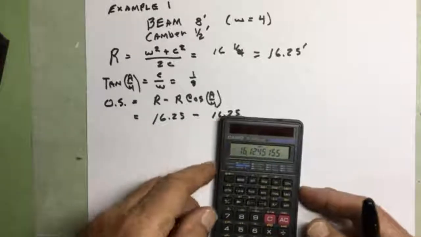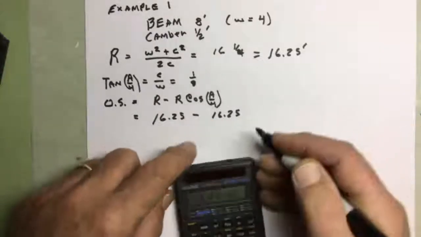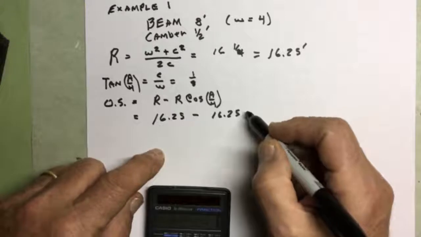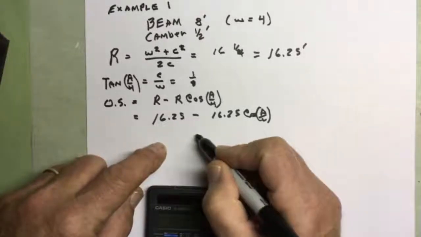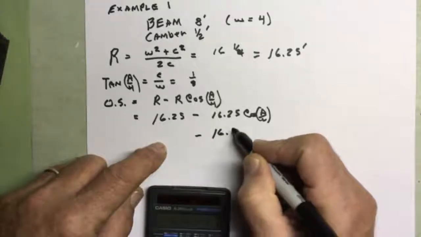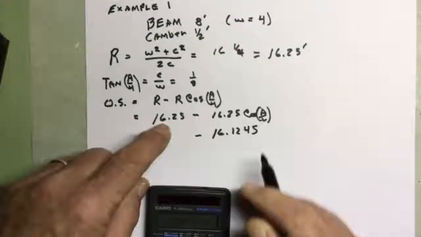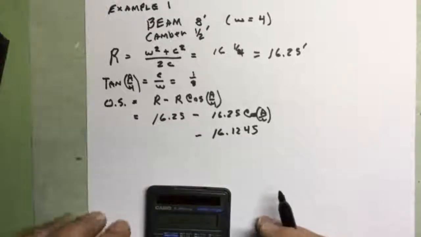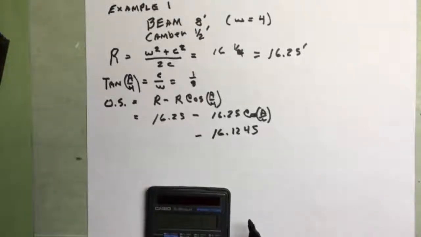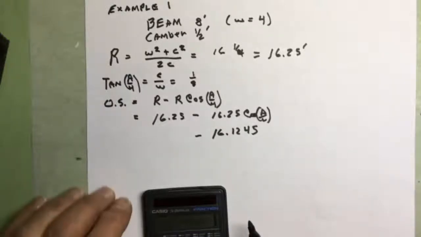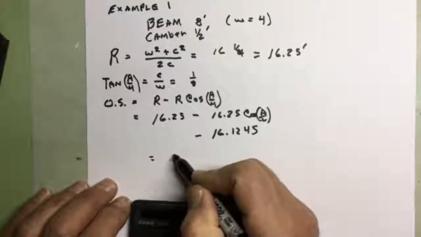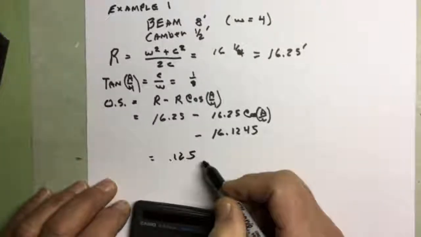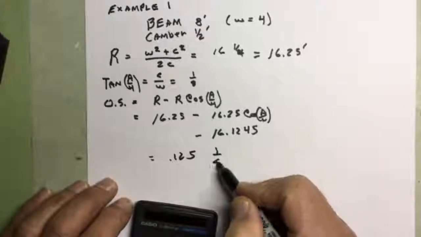That comes out to be 16.1245. And we can subtract that from 16.25. And that comes out to be 0.125, or 1/8 of a foot.